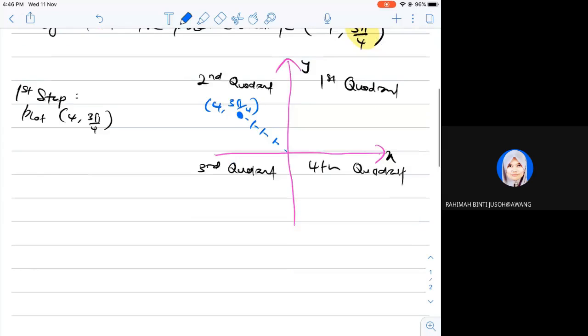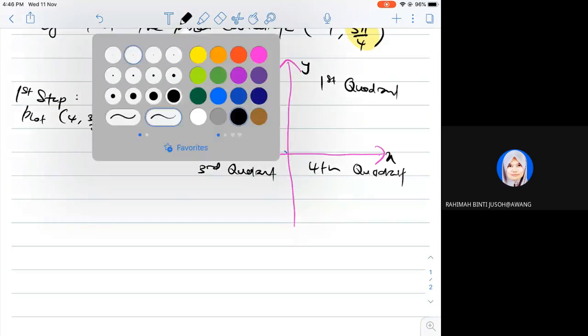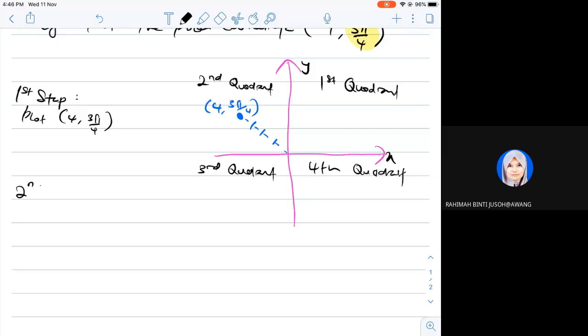Now second step, what we should do is we need to reflect the point. Reflect it.